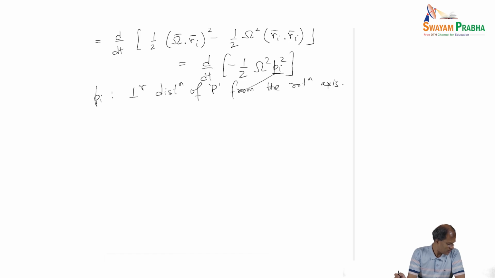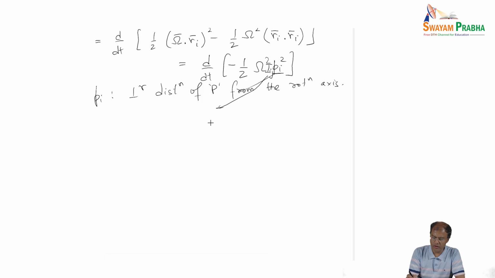And so what have we got? Omega square Iij, sorry. We have to introduce another variable Iij.